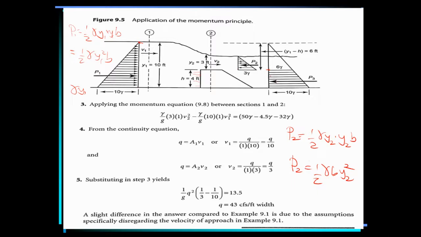Above it, we already have taken care of this, which is represented by this one, but then we drew the complete triangle to simplify our analysis, up to the upstream height at section 1.